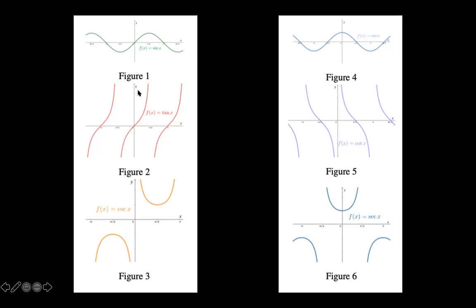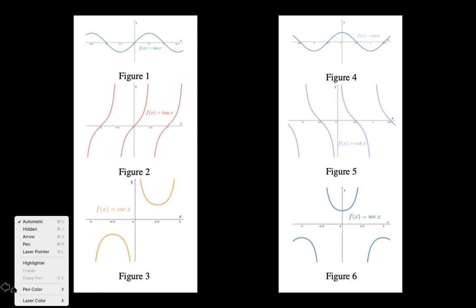And the tangent passes through the origin as well, and it has an infinite number of asymptotes, and one of them is pi over 2, because the cosine becomes 0. We know that tangent is equal to sine over cosine.